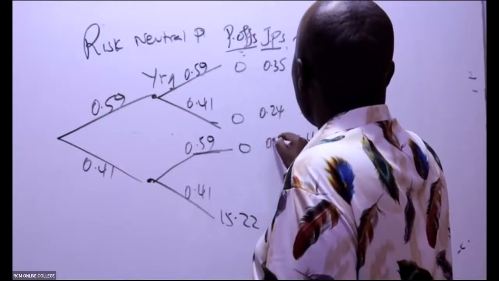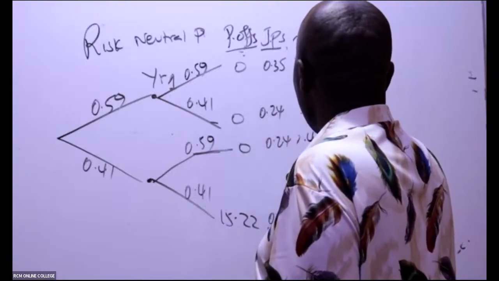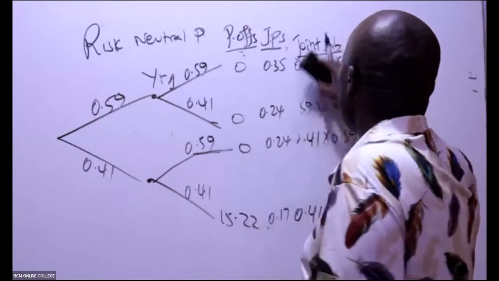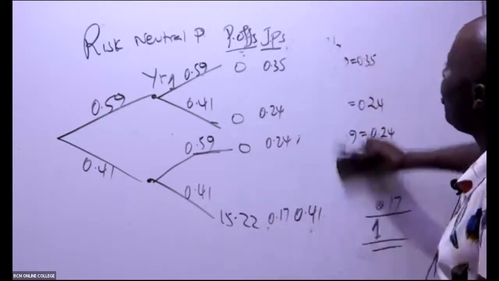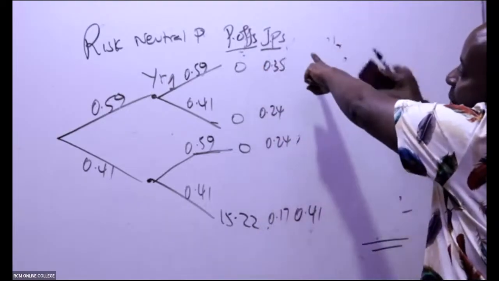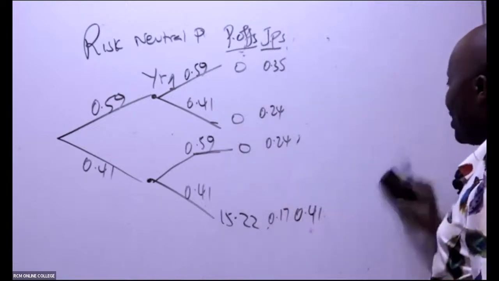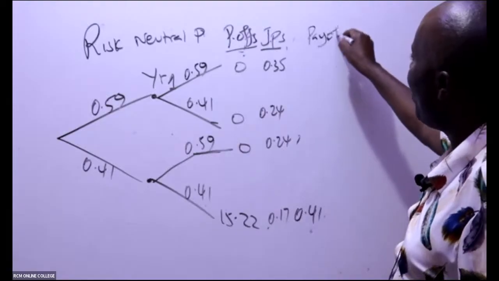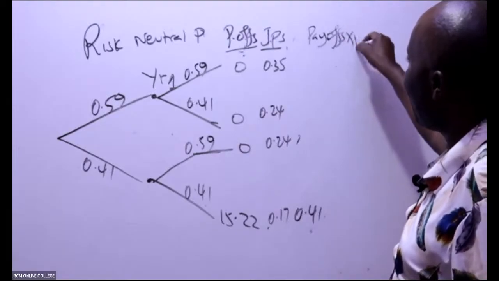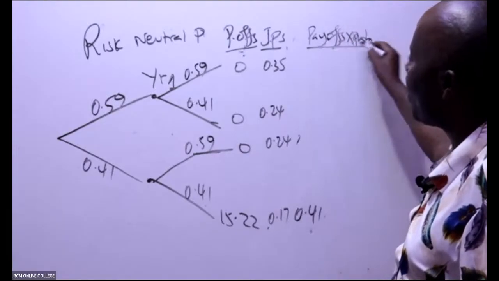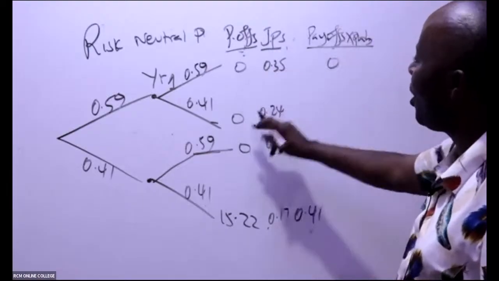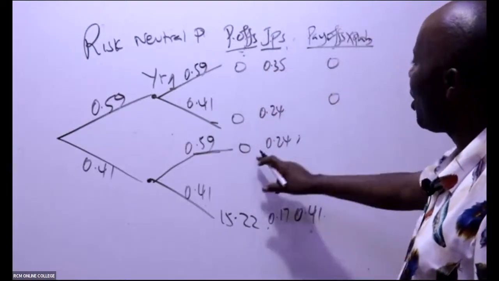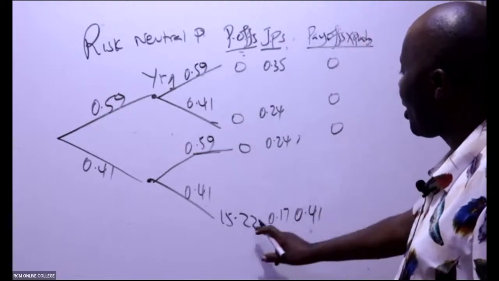0.24, 0.24, 0.17. Just like how you do it in advanced management accounting, you now take the payoffs times the JPs, times probabilities. So create a column where you take the payoffs times probabilities. 0 times this is 0, 0 times this is 0, 0 times this is 0.